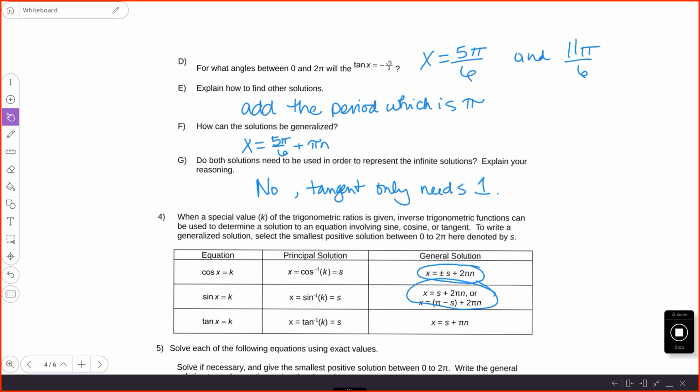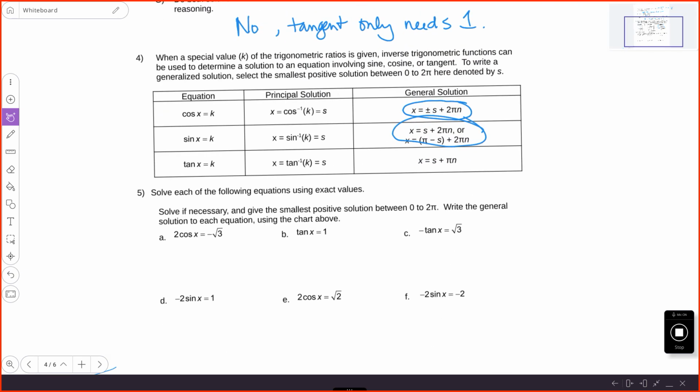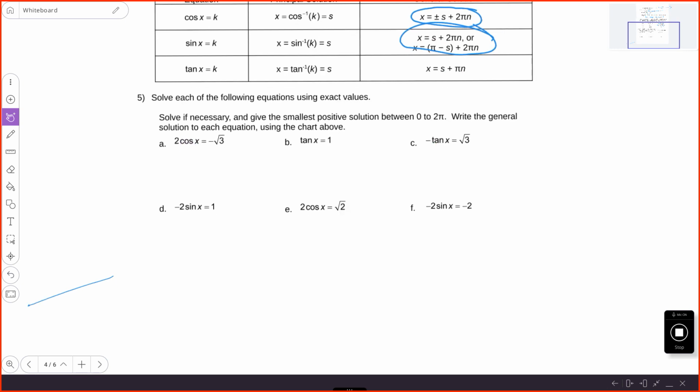So, all right. What you're going to do, I will do 1 or 2 more with you, and then you can do the rest of them. So let's do, I'll do A with you on number 5. So we're solving for x. My first move is to divide by 2.